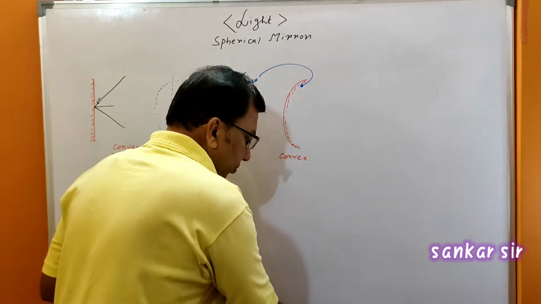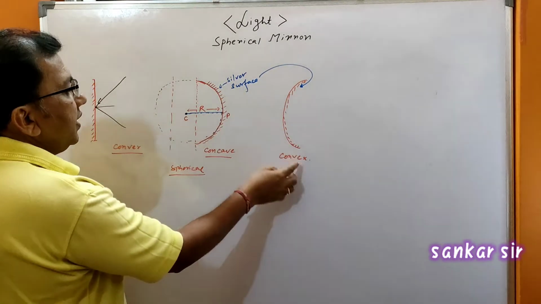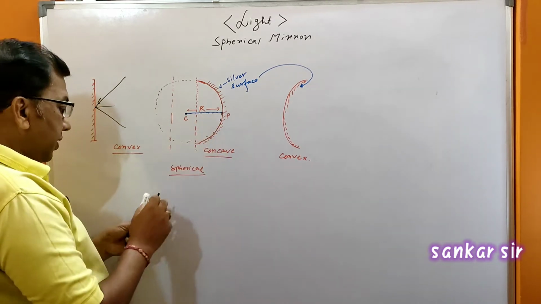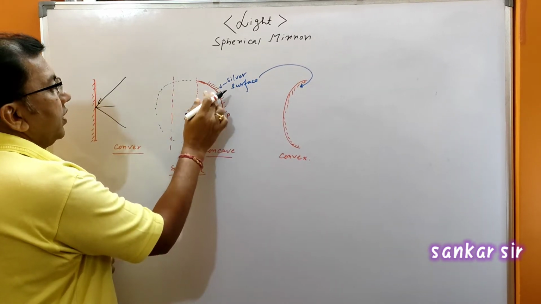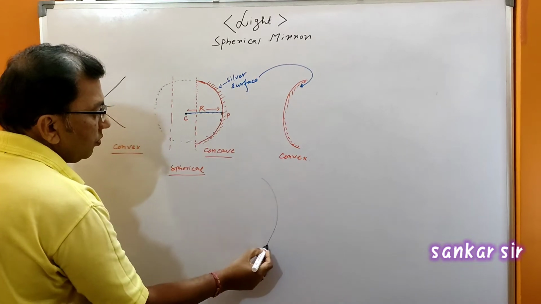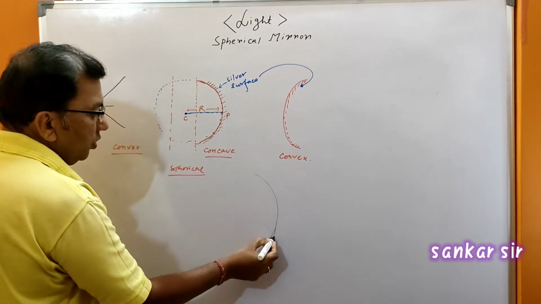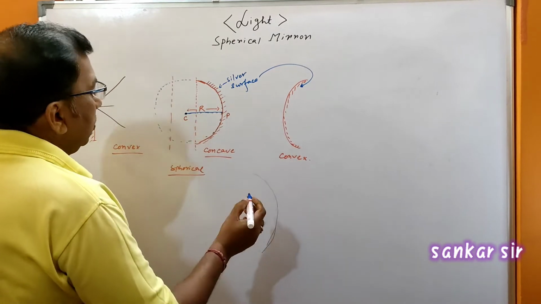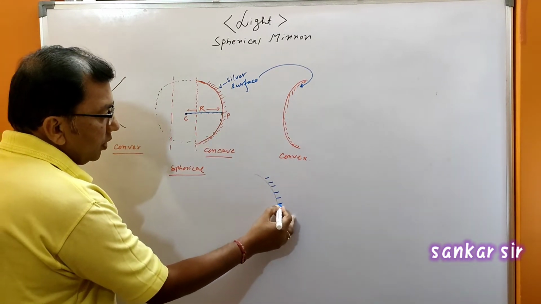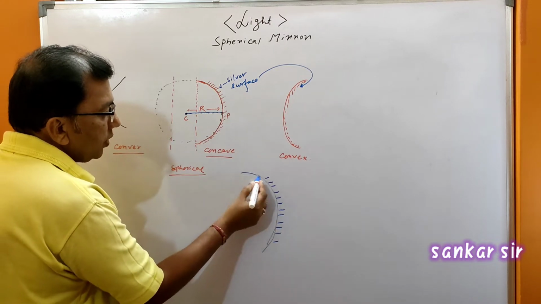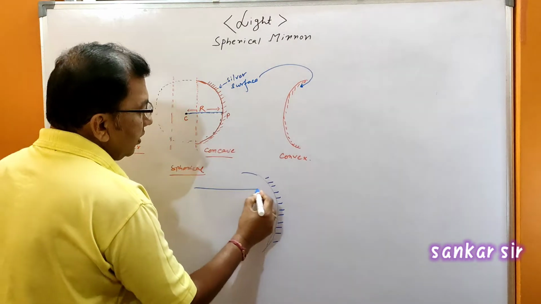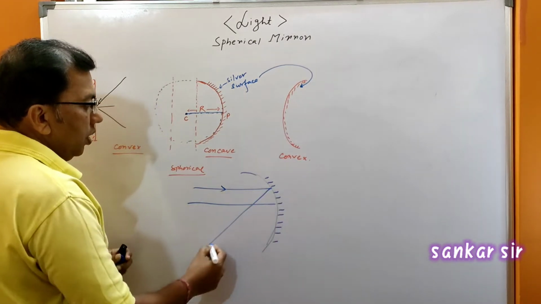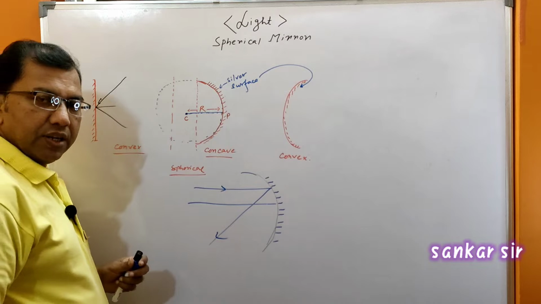So in this case, this is the convex mirror, and this is the concave mirror. If the inner surface is the reflecting surface, light passes in and is reflected out.